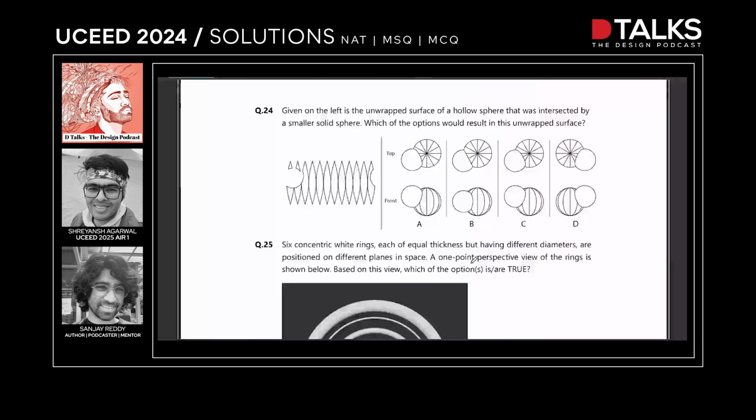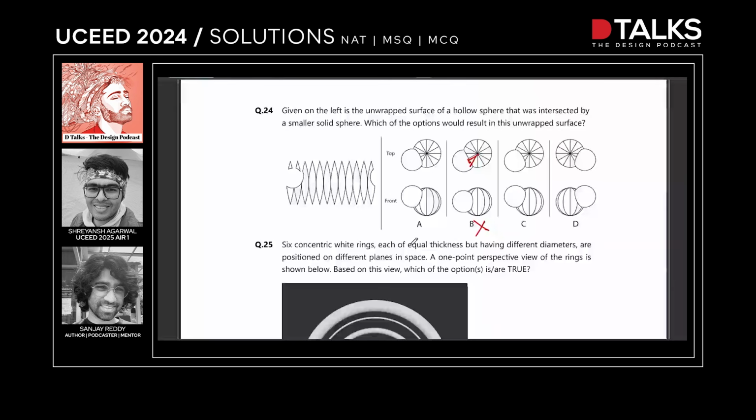We're just going to do option elimination in this. B is definitely wrong because, as you can see from the top, that's way too big of a triangle and it's almost in the center. And the cut in the circle is supposed to be much higher. So B is definitely wrong.